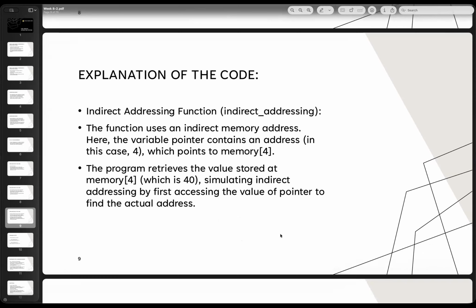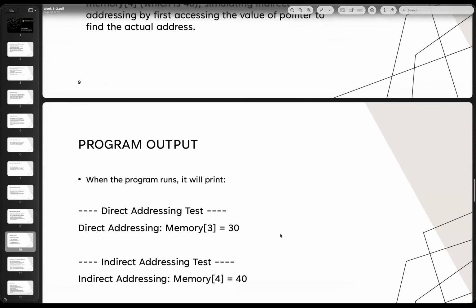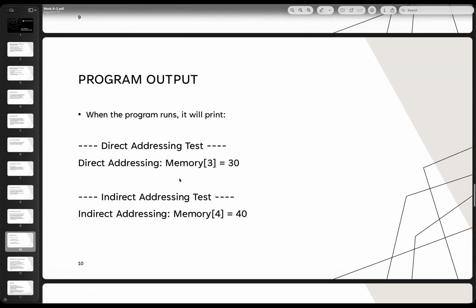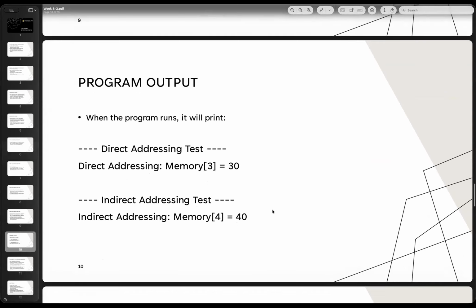When you look at the source code, it's really simple and straightforward. When you read it, you will see the output: the direct addressing with memory 3 gives 30, and the indirect with 4 gives 40. You can modify it and make your own version.